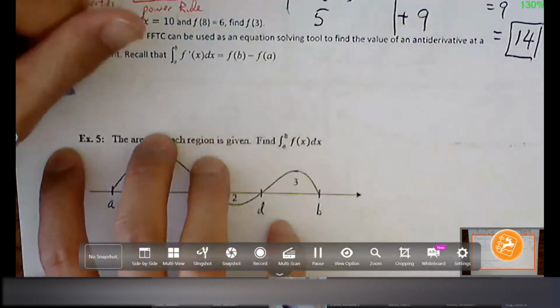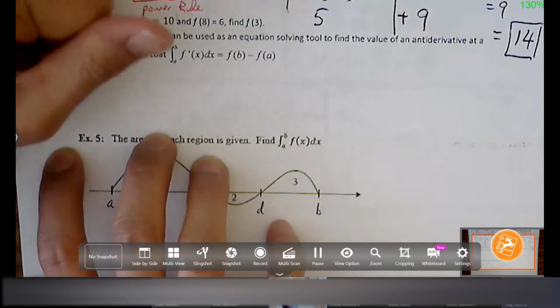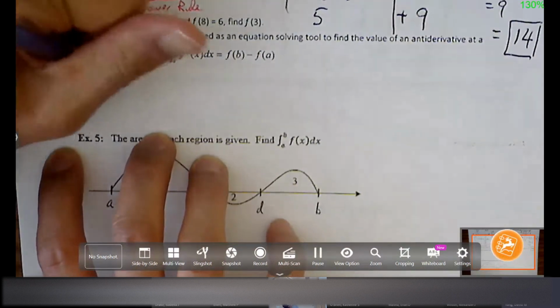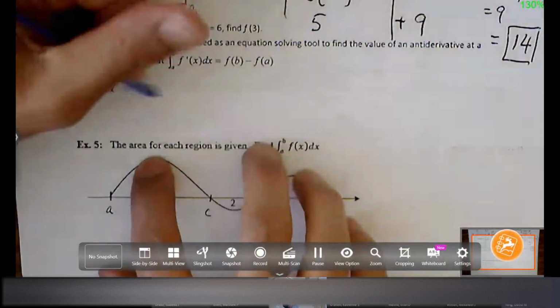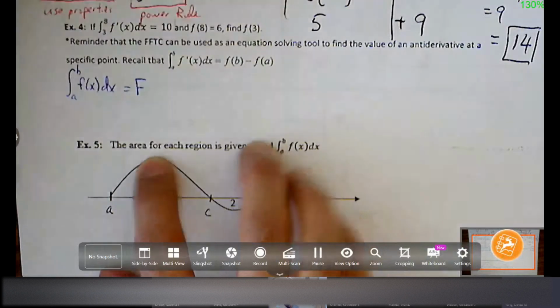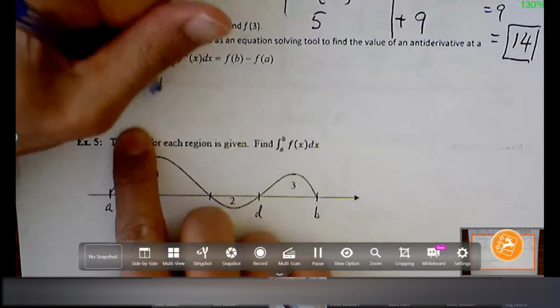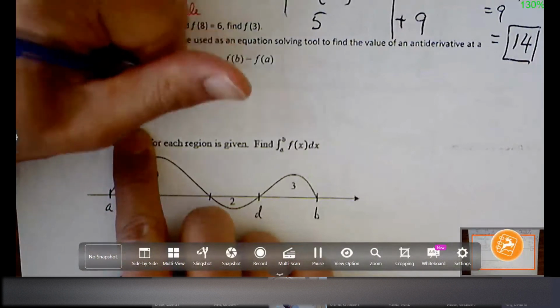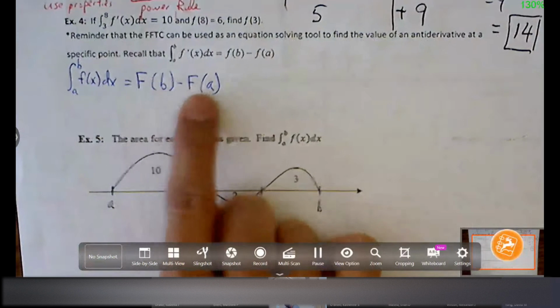So the first theorem says that if I want to find the definite integral of f of x dx, I'm going to first transform that f of x into its antiderivative, and the theorem represents that antiderivative as an uppercase F. And then once we have that antiderivative, we can plug in our upper and lower bounds.